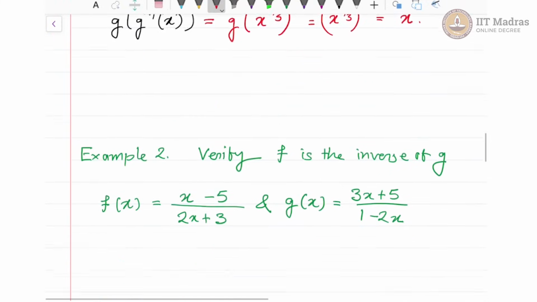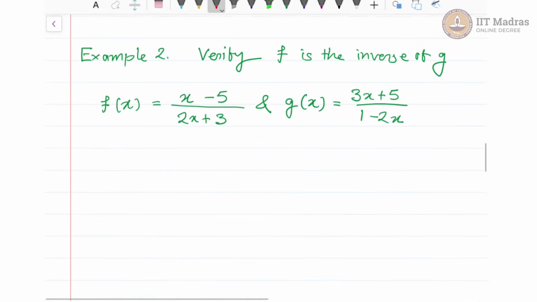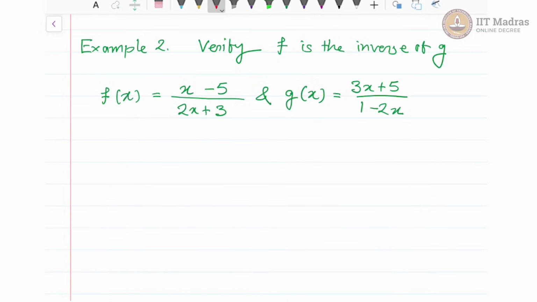Okay. Let us take this example where we are supposed to verify whether f and g are inverses of each other. Okay. So let us try to verify. You can check the domain and codomain ranges of these functions. I will simply start with f of g of x. Fine.